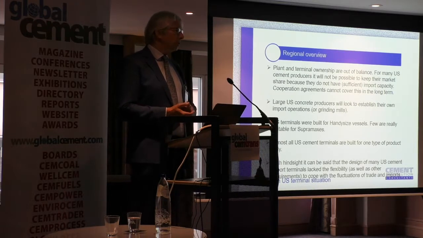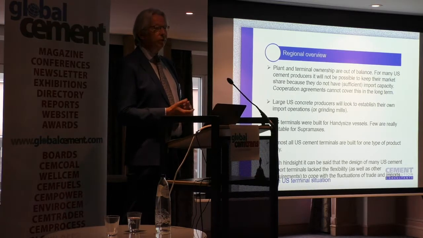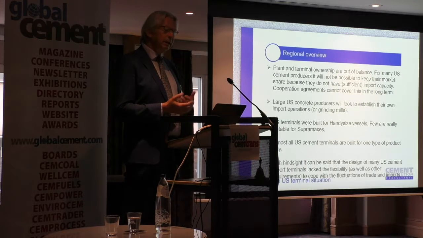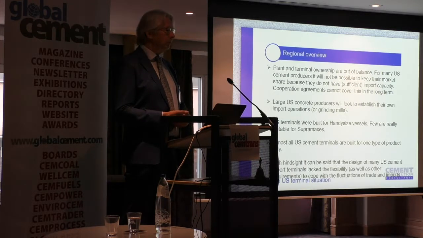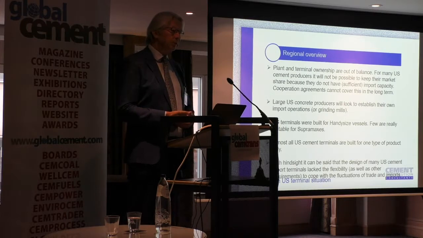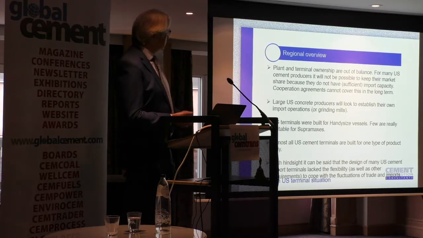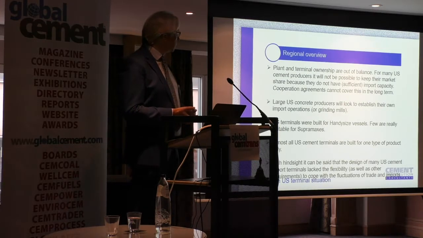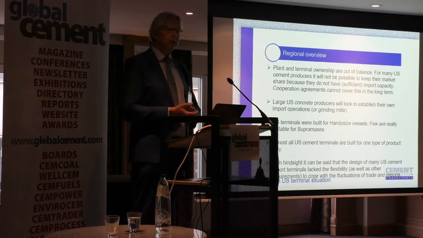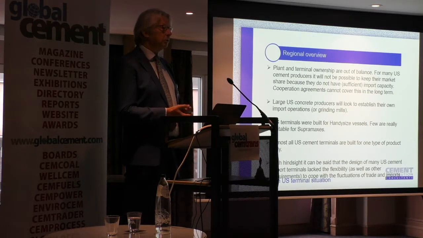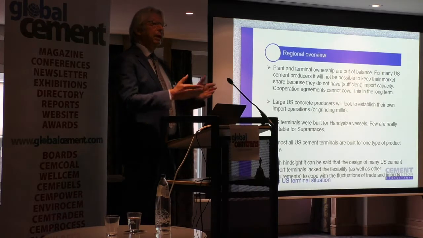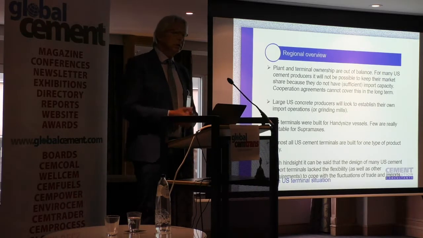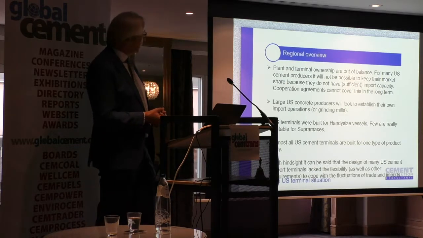You've got the Supramax class of bulk carriers, which could take 55,000 ton, and they cost the same per day as that handy-max vessel. What's happening in the past few years, and you see now in North America, the first customers for that are the Ultramaxes. It's basically again an enlarged version which can take 60,000, 62,000 ton.